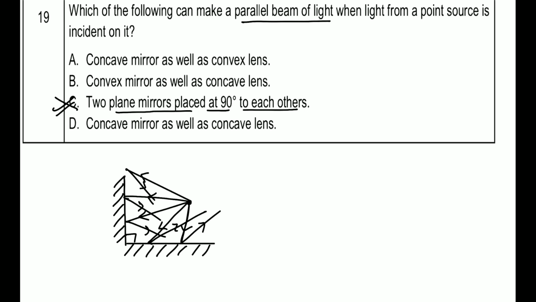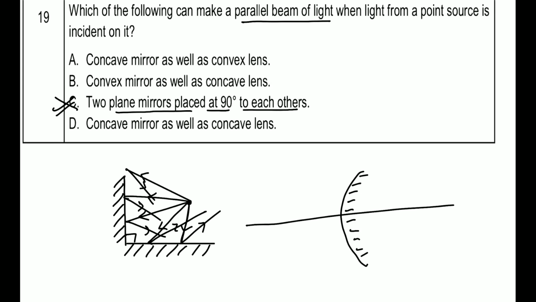Now let's look at option B, which says convex mirror as well as concave lens. A convex mirror is something like this, and this is the principal axis.